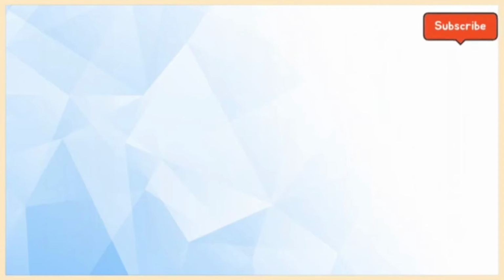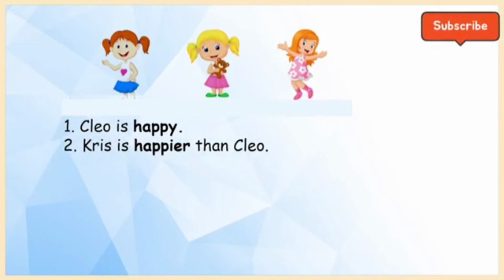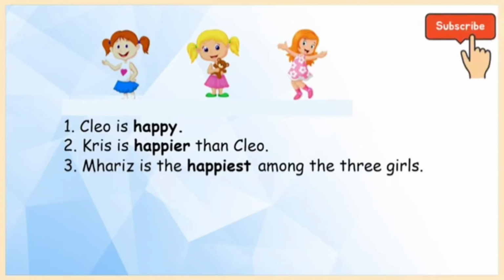Let us compare these three words. Read the sentences. Cleo is happy. Chris is happier than Cleo. Maris is the happiest among the three girls. In sentence 2, for comparative, what is added to the word happy?